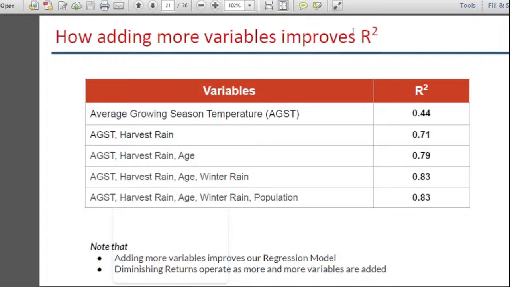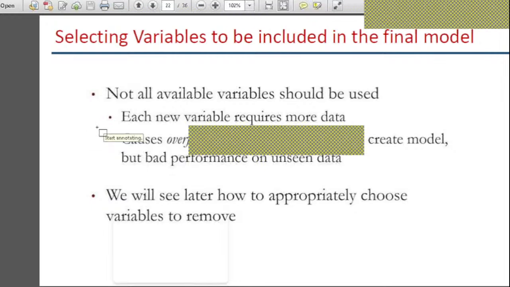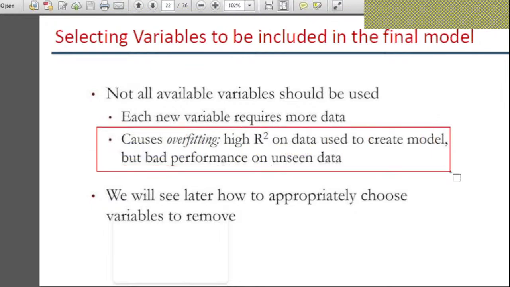Okay, so let's continue. If I just keep on chasing R square, what I'm trying to do is overfit my training data, the data on which I'm creating the model. We'll see what overfitting is.